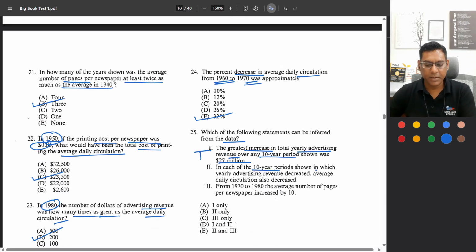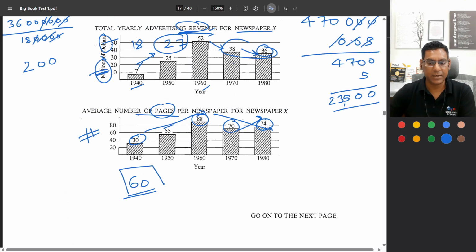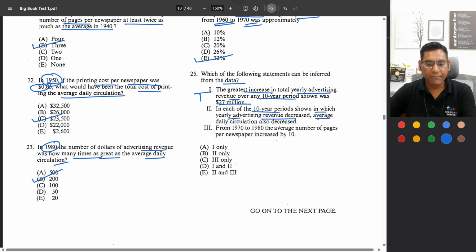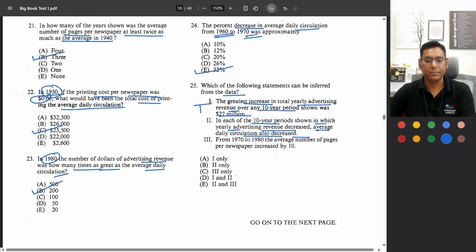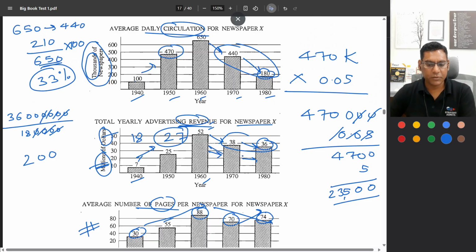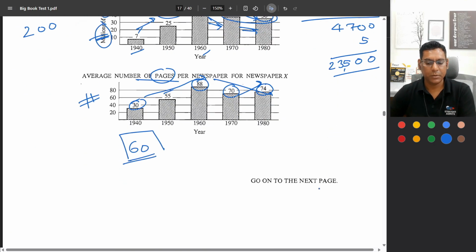Each of the 10-year periods shown in which yearly ad revenue decreased, the average daily circulation also decreased. Okay, there were 2 years in which it decreased, right? Out of the last 3 years, that is, it decreased here and then it decreased here. That is true. We have already made that observation. Whenever there was a decrease here, there was a decrease here also. Correct? That's true.